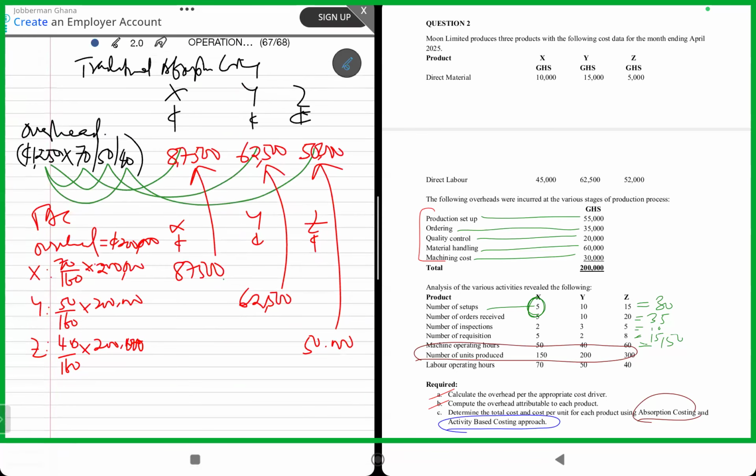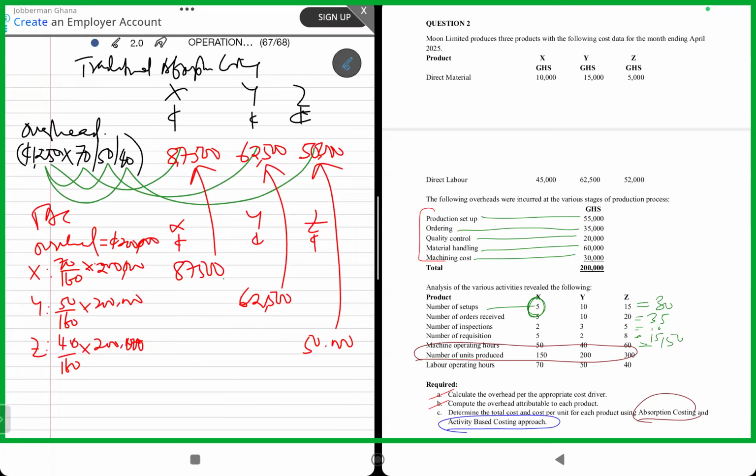Yes. So this is a working. It's part of question B. So you have to compute the overhead attributable to each product, and there are two costing methods.